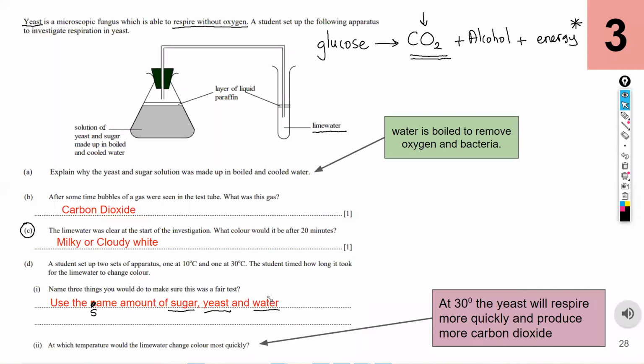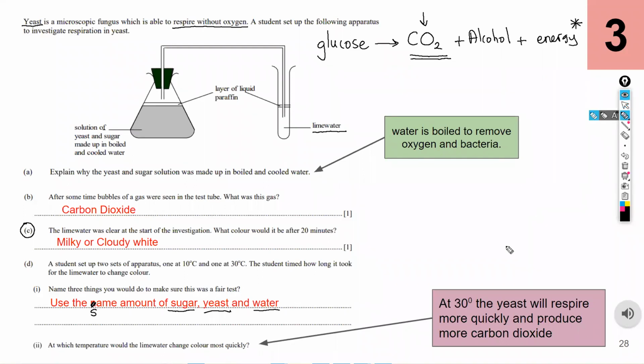Now, to answer that question, the more carbon dioxide it has inside the lime water, the faster it will change to milky white. So for more carbon dioxide to be produced, you need more respiration. The more anaerobic respiration that is taking place, the more carbon dioxide will be produced.